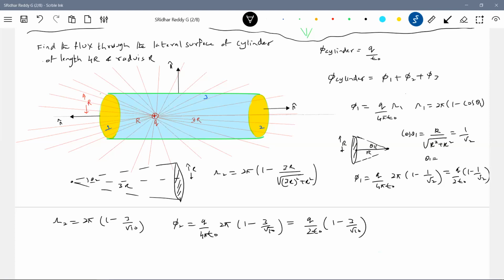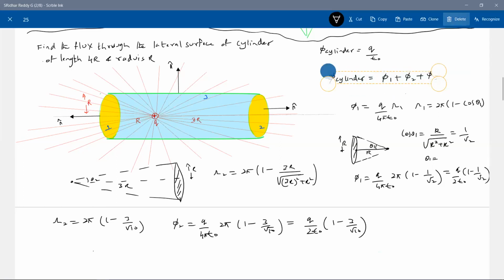So we know the net flux through the cylinder, then the flux through the lateral surface we can calculate. So the flux due to the cylinder, using this formula.